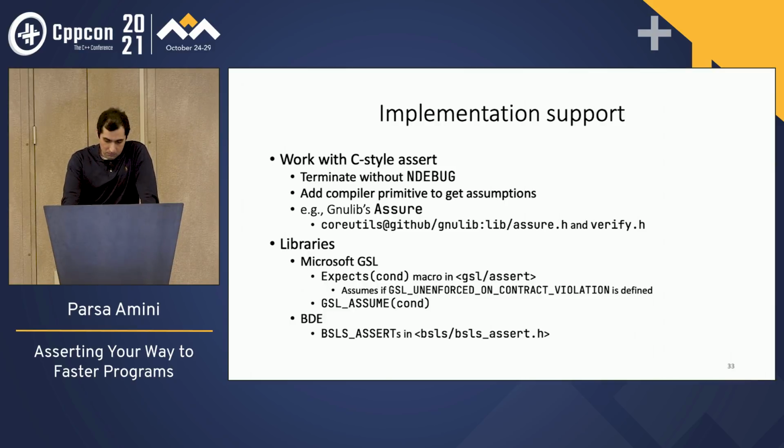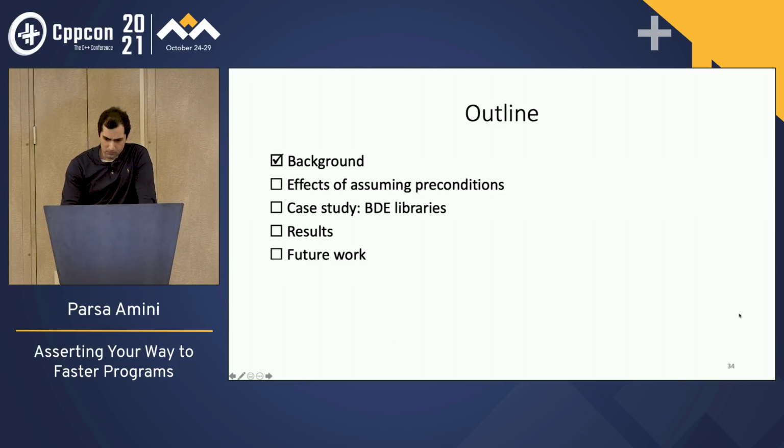And if you want assumptions, you can adapt your C-style asserts to some preconditions. It's not difficult to do that. You can implement assume semantics by using the compiler intrinsic for each platform. That's exactly what GNU libc's assert macro does. That's a C library. GSL and BDE do that in C++, or the C++ libraries that do that.